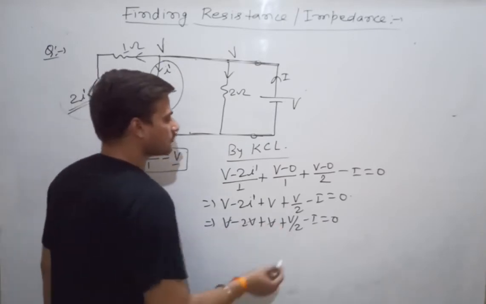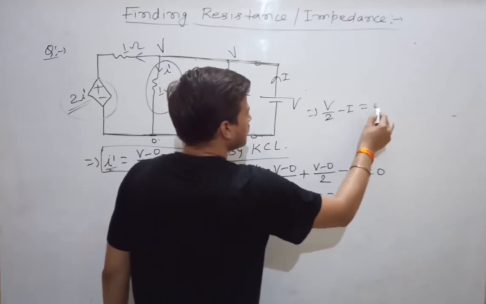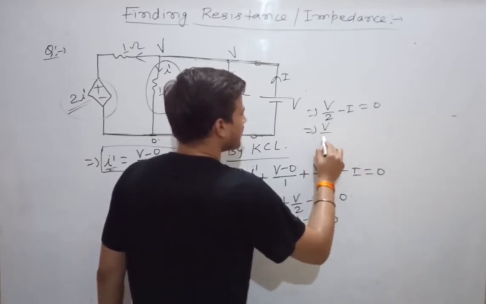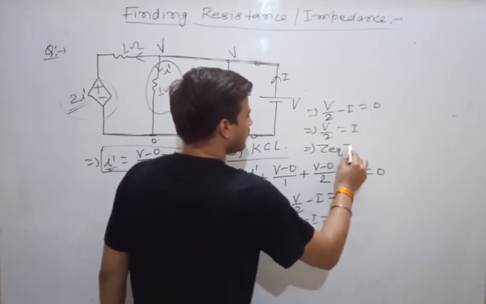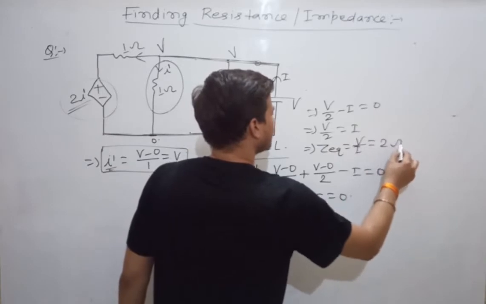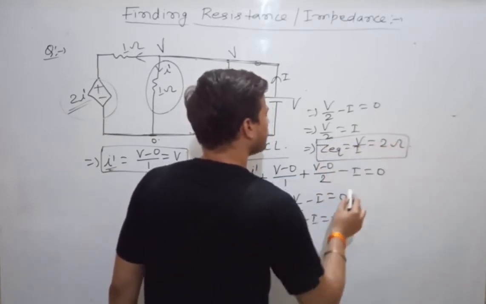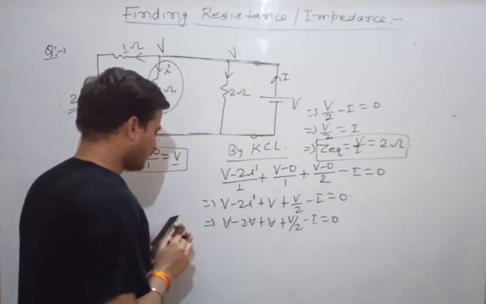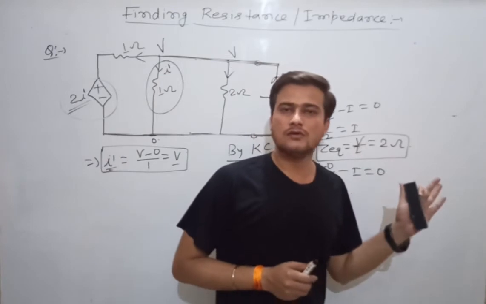So here it will be V by 2 minus I equal to 0. That means V by 2 is equal to I. That means Z equivalent will be equal to V by I, and it will be equal to 2 ohm.